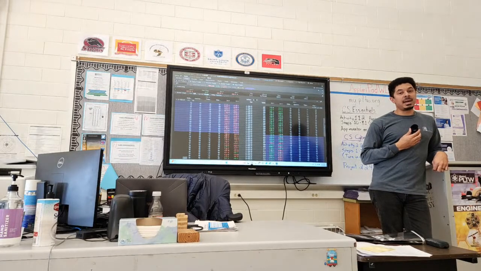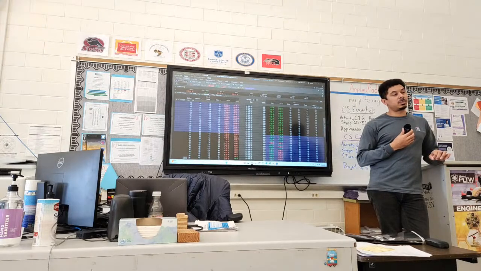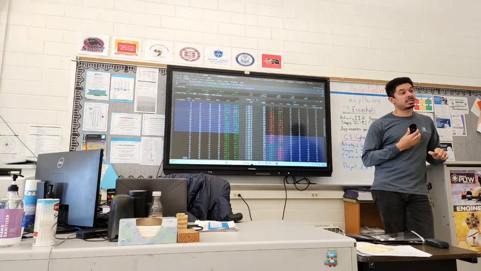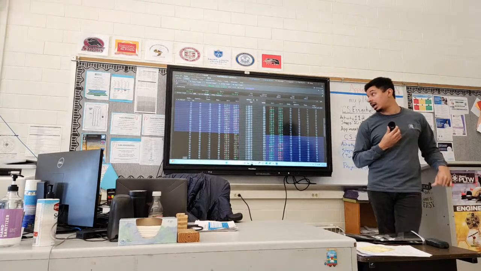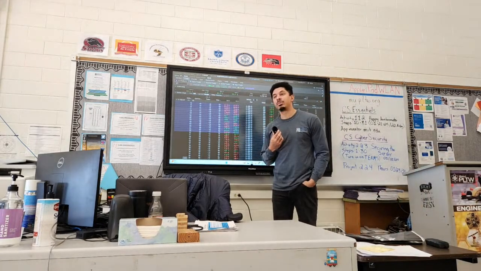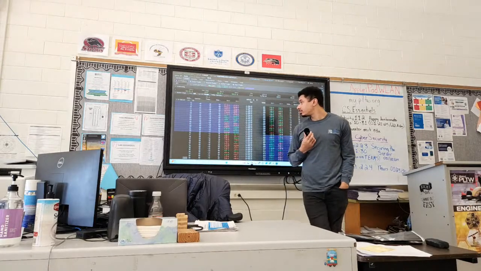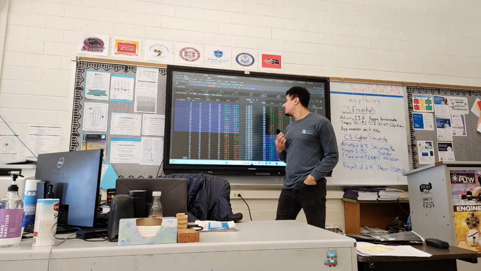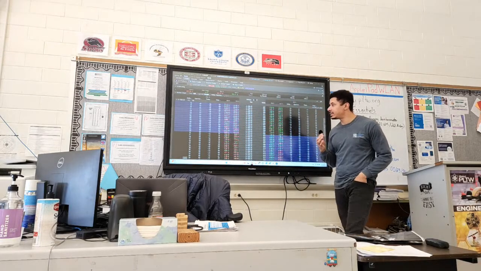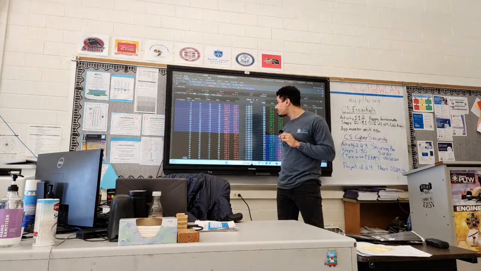Vega is the amount of price per volatility. As the volatility increases, this is how it changes the price of the option contract itself as well. So for every 1 point move in volatility, Vega, at this point, it says Vega is 0.7.